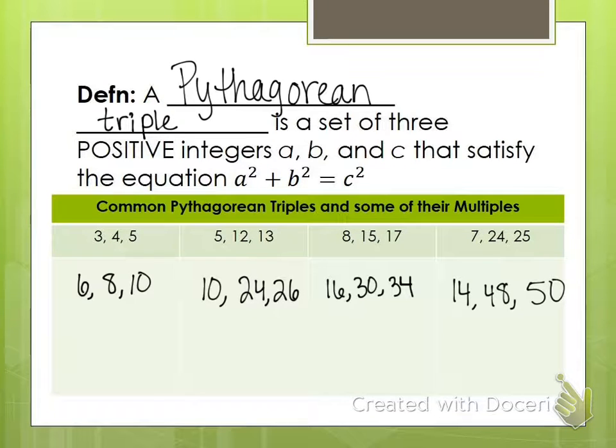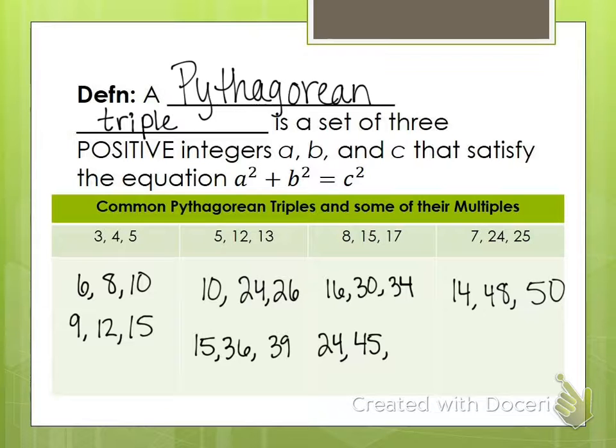Let's also go ahead and multiply them all by 3 just for funsies. Oh, that's not so bad. The first one would be 9, 12, 15. The next one would be 15, 36, 39. Next one, 24, 45, 51.